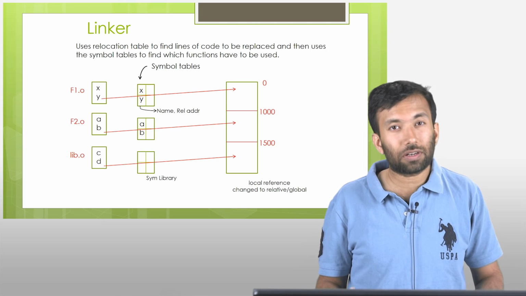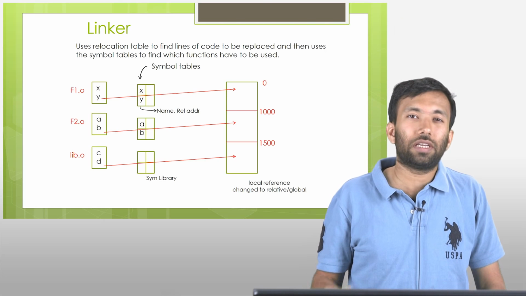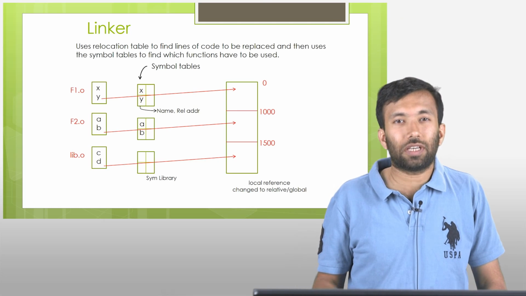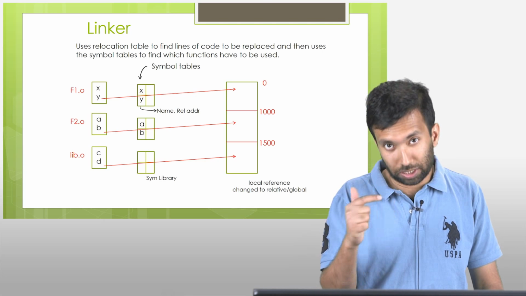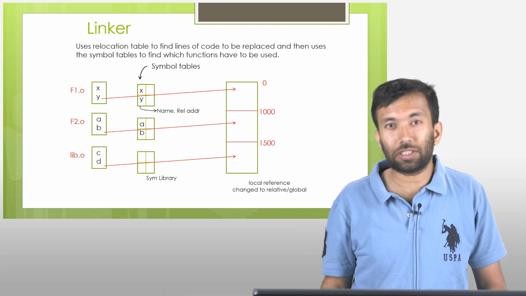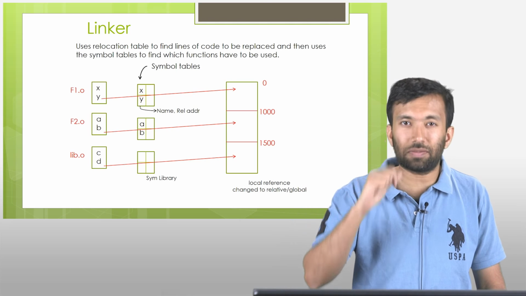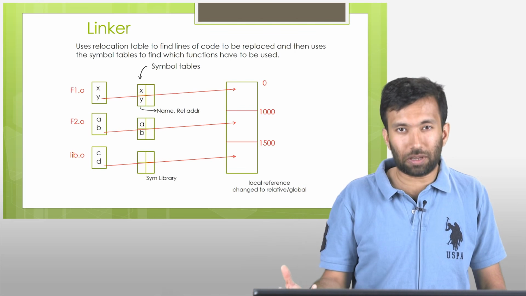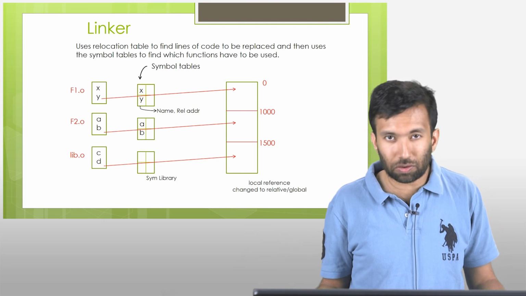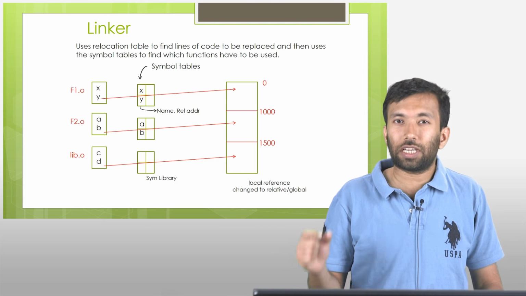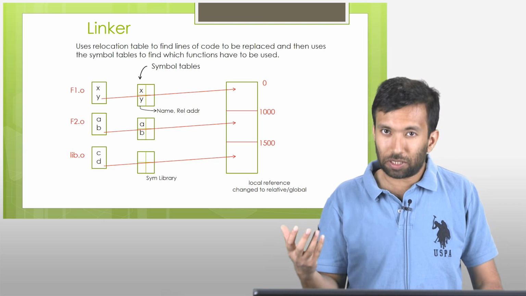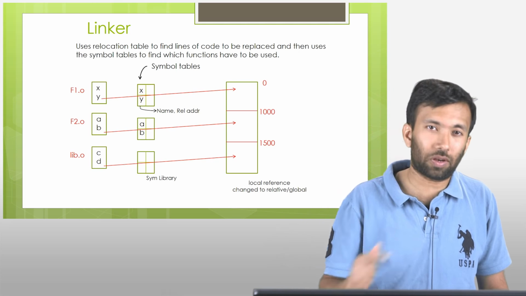That is it for the relative references. For symbolic references, it goes to the lines or to the tags where there is a symbolic reference. It searches the function in the library files, copies them, puts them at the end of the code or wherever it wants, then takes the relative address of that particular function and replaces the symbolic reference with that.